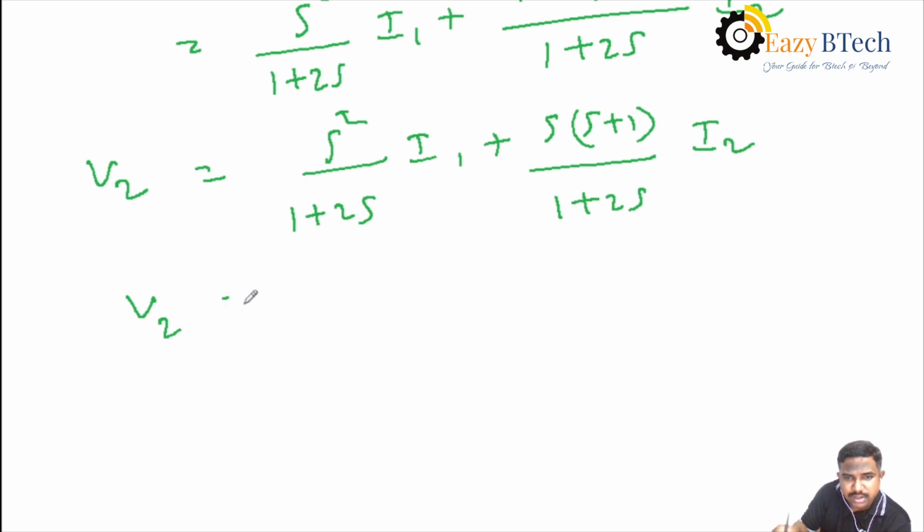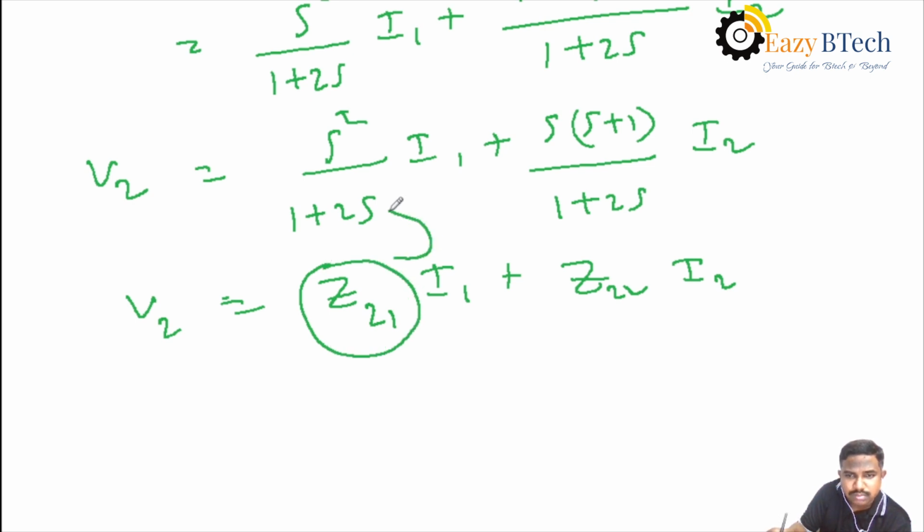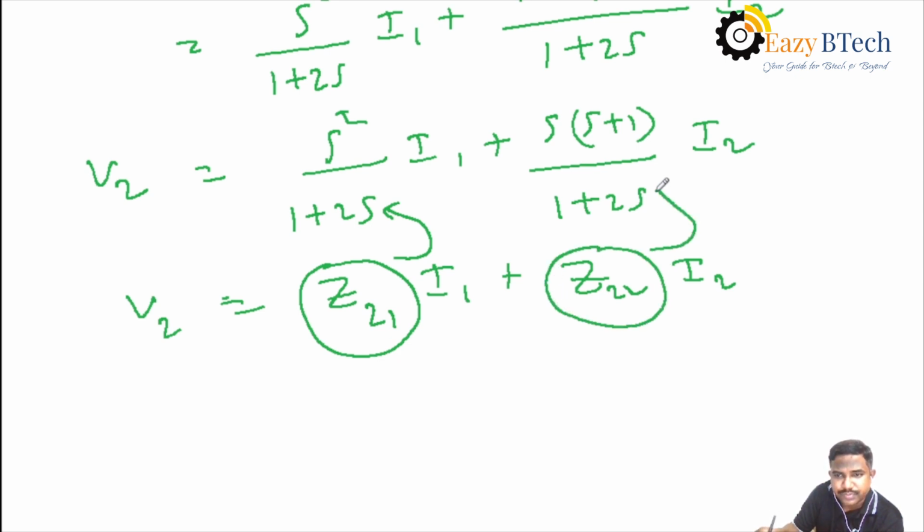This V2 equation you have to compare with the standard form, that is Z21 I1 plus Z22 I2. Then the value of Z21 is S square by 1 plus 2S. The value of Z22 is S into S plus 1 by 1 plus 2S.